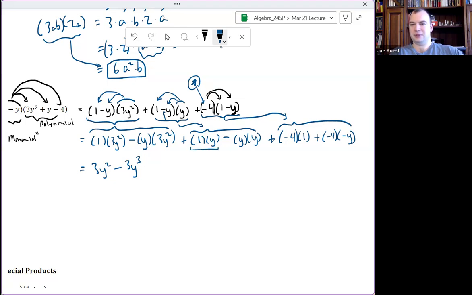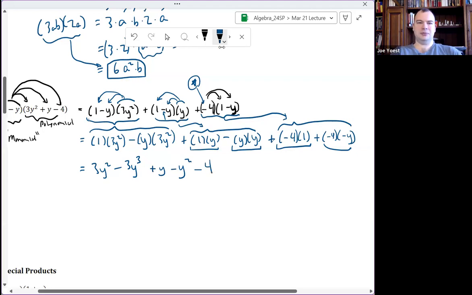From here, I just get a plus y. From here, a minus y squared. Negative 4 times 1 is negative 4, plus a negative 4 is just minus 4. And then negative 4 times negative y, negative times negative is a positive, and I get plus 4y.